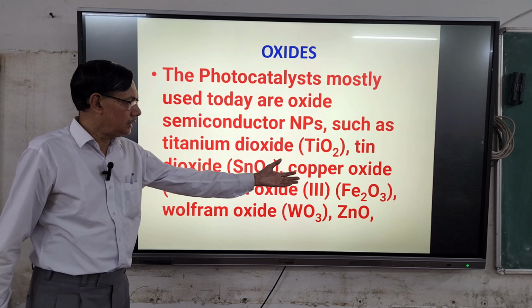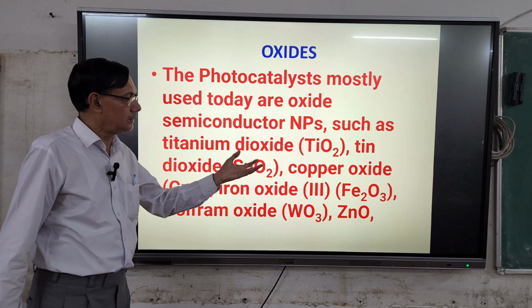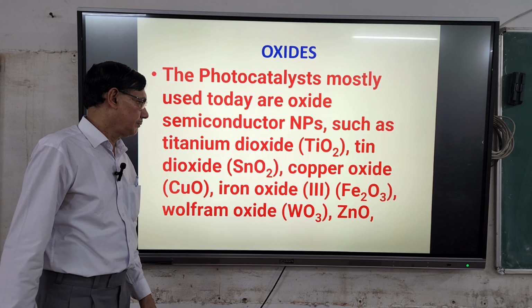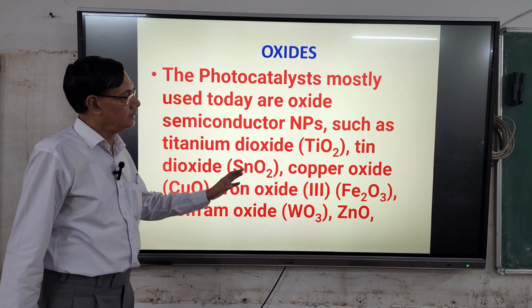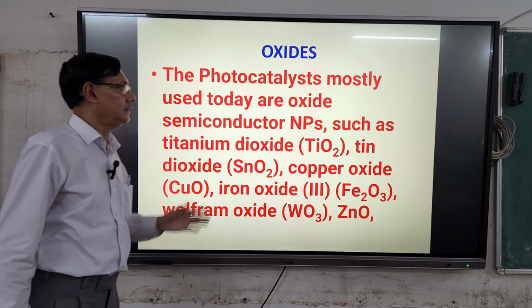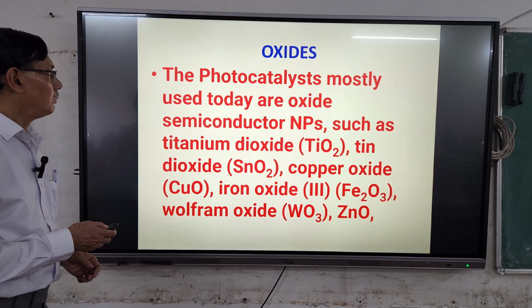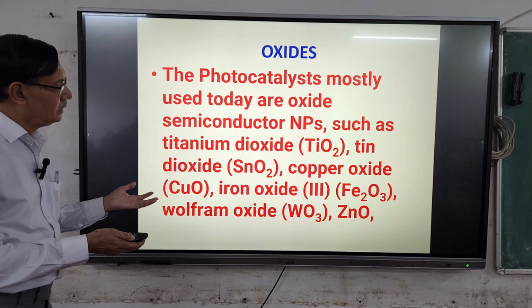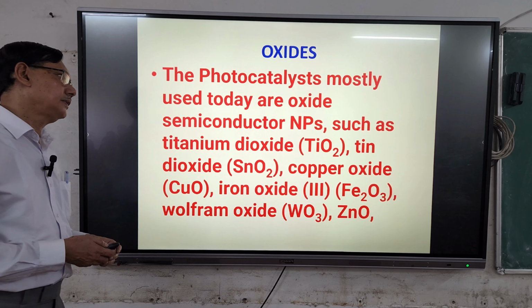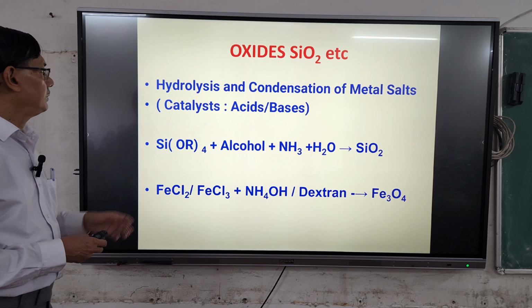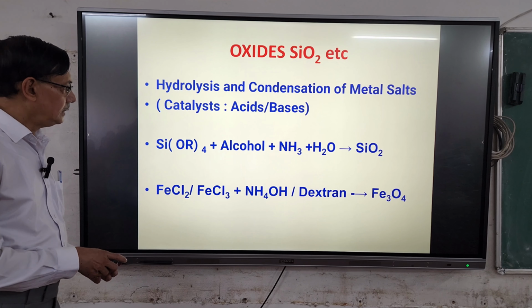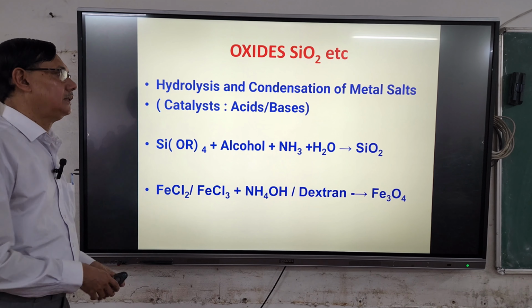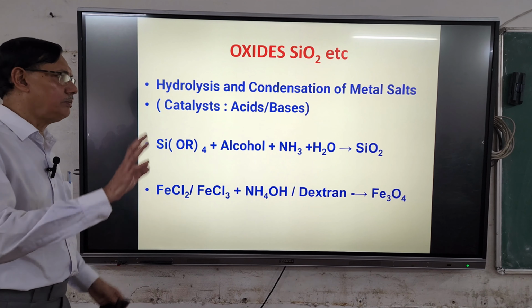Some of these iron oxide nanoparticles are magnetic. So I will discuss one or two methods, and then the sol gel method. Here also we need the precursor, same thing. And this is the simplest method. First I am using the simplest method, and then of course some complicated method. Not complicated, but that is the sol gel method.